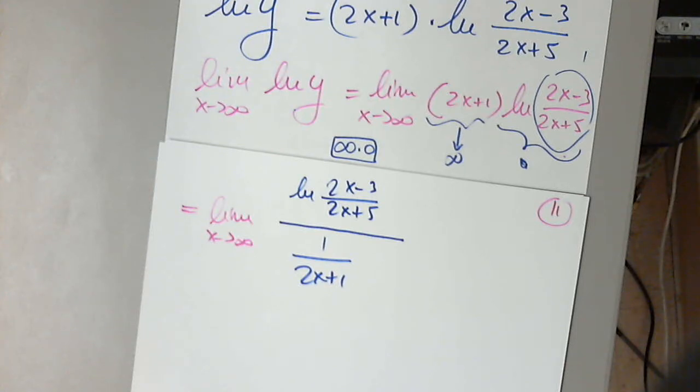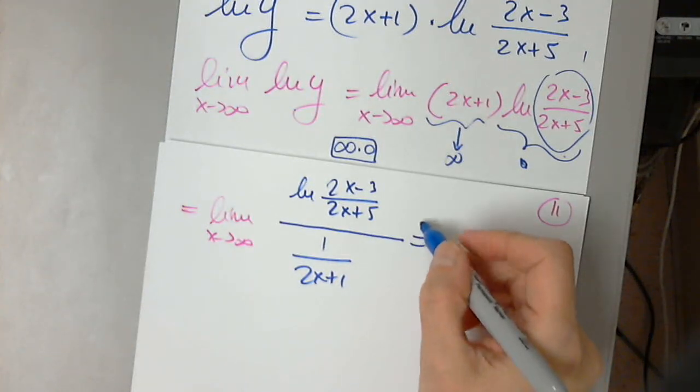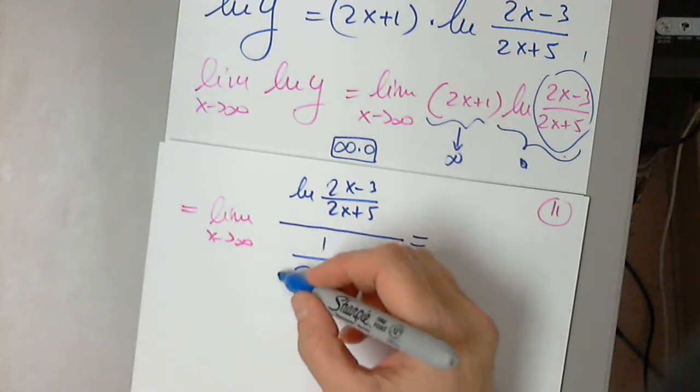Is this okay? Is it clear why those two functions are identical? When the top goes, where does it go? 0. Where does the bottom go? The bottom, like as a fraction.